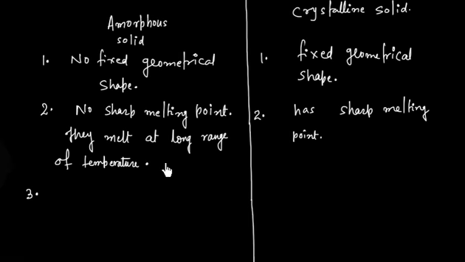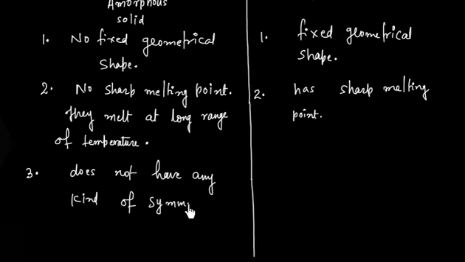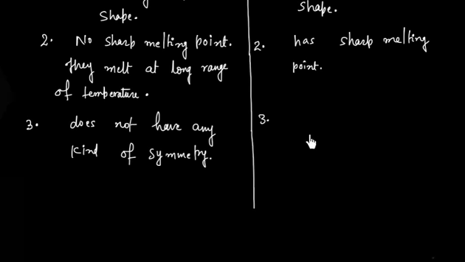Now, amorphous solid does not have any kind of symmetry. But crystalline solid has either an axis of symmetry or a plane of symmetry.